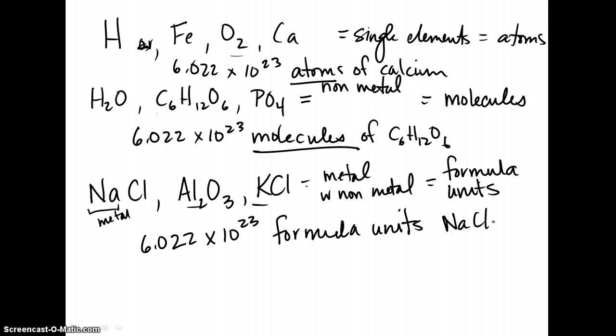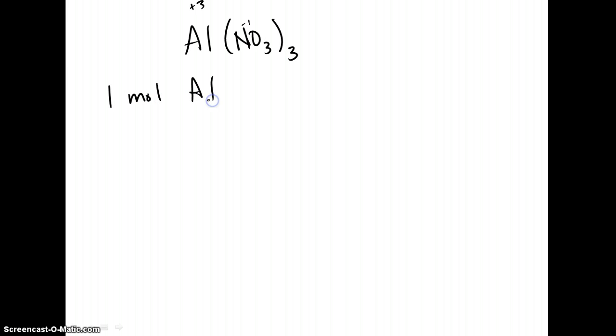The one last thing I want to talk about with doing molar mass is that sometimes you get problems that are a little bit more complicated. Let's say you have aluminum nitrate, Al(NO3)3. So I know that aluminum has a +3 charge, nitrate a -1. To even those out, I need to get 3 of them. So just so that you are clear, how would I break that down in terms of moles? I would have 1 mole of aluminum.